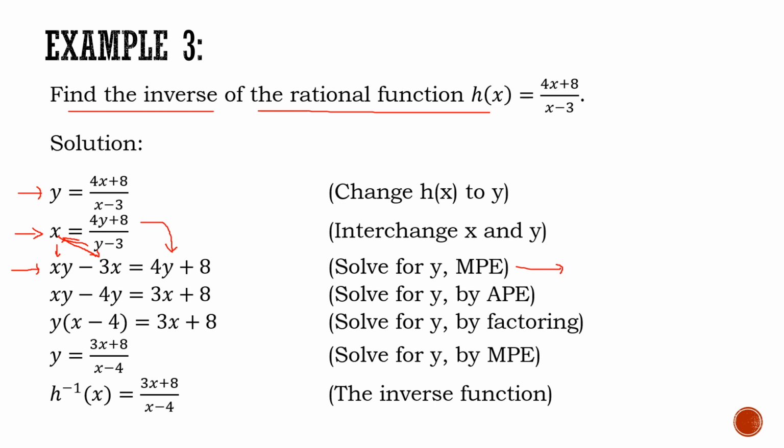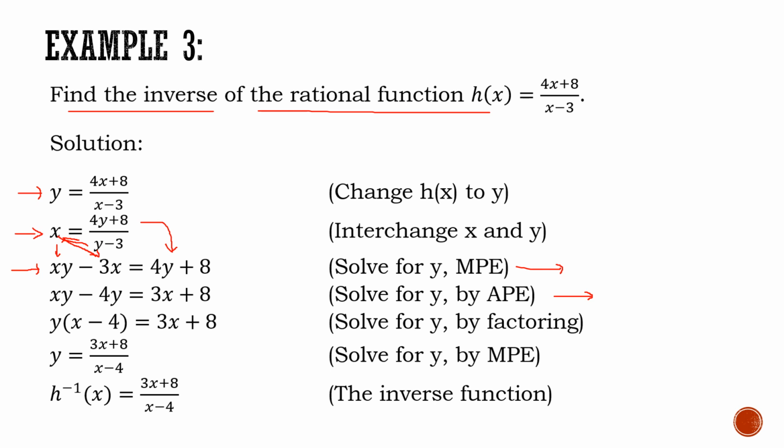Then rearranging the variables from this equation, applying the APE, or the addition property of equality. We put all the terms involving the y variable on the left side of this equation, and the other terms on the other side.